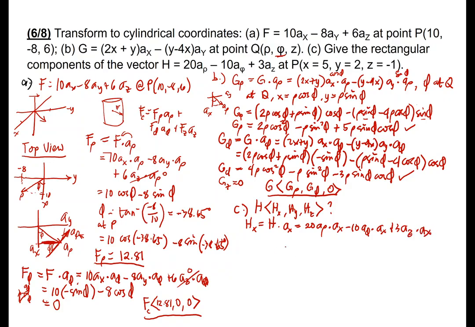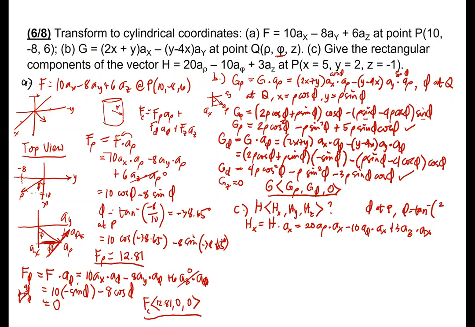Okay, so now a rho dot AX, what is it? This is cosine of P. Now what is P? The P here is at point P. So therefore P is equal to tangent inverse of, at point P you have x equal to 5, y equal to 2, so this is 2 over 5.